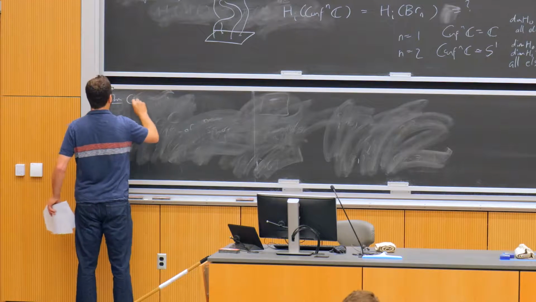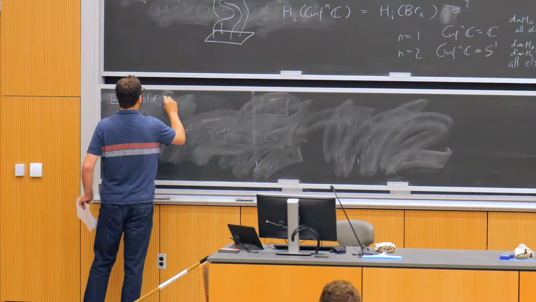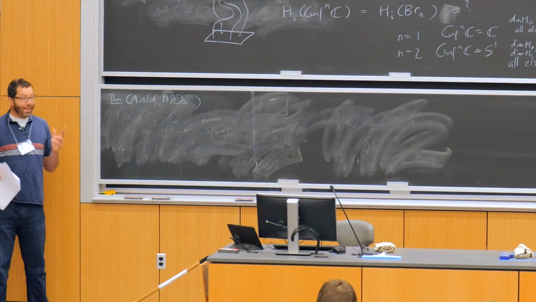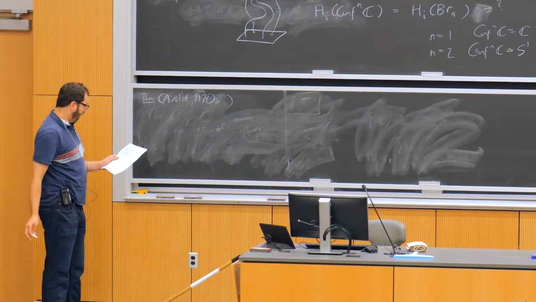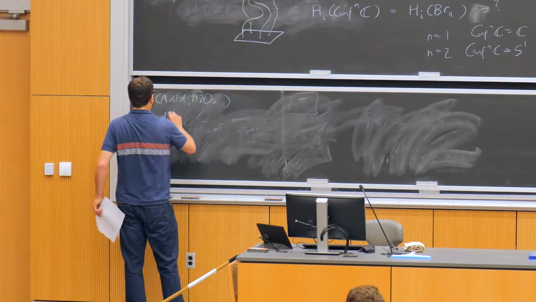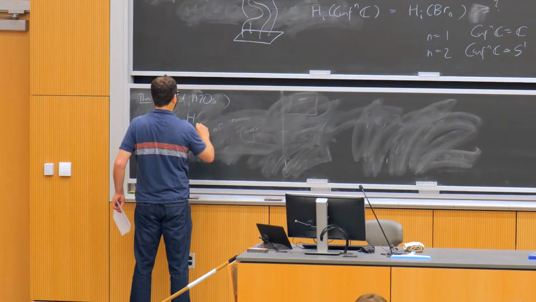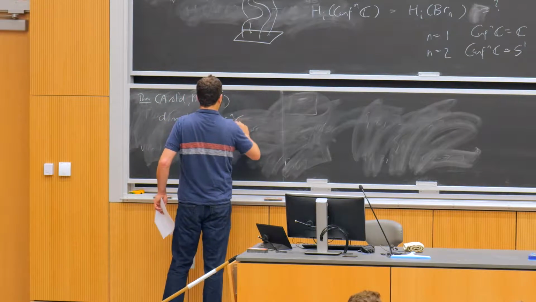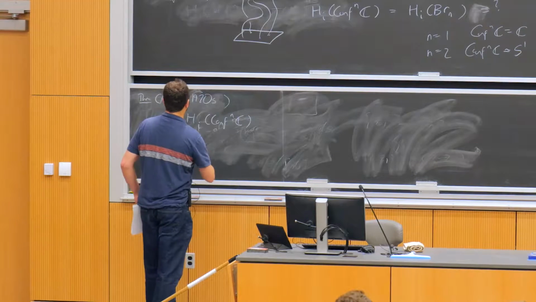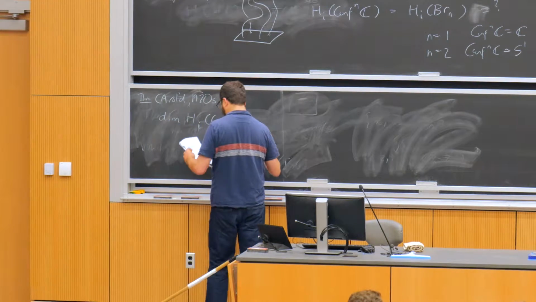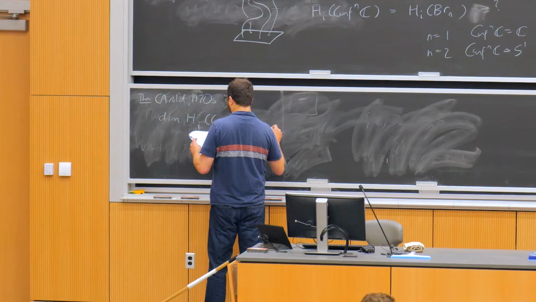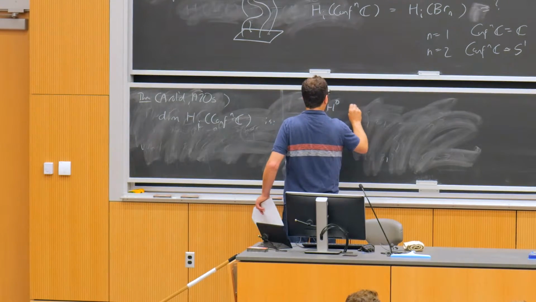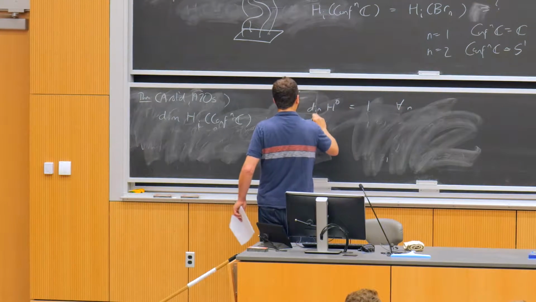So, theorem of Arnold in the 70s, and I think the work of Arnold and of Graham-Segal really starts the whole industry of homological stability in topology, is that the dimension of H_i of Conf_n(C) is the dimension of H0 equals 1 for all n.